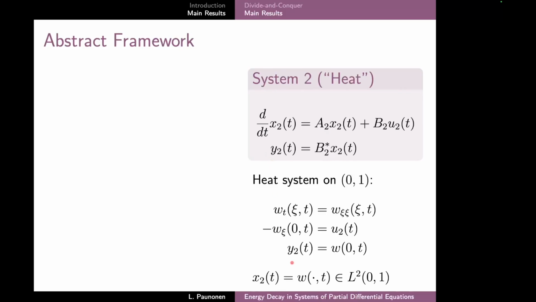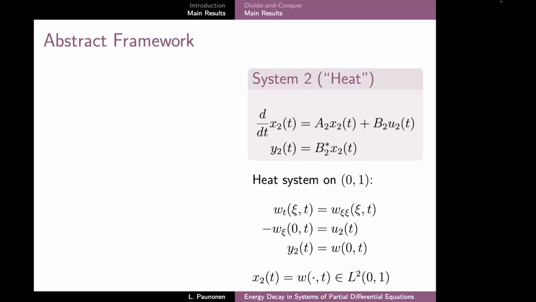On the other hand, the measurement of our system, or the output of our system, is the temperature at time 0, and for this purpose we would choose y2 to be simply the boundary trace of this function at the point 0.